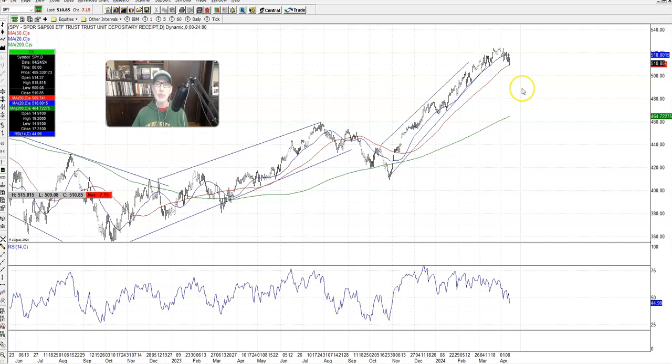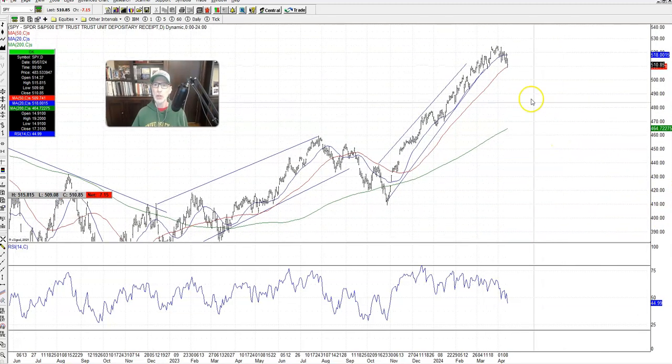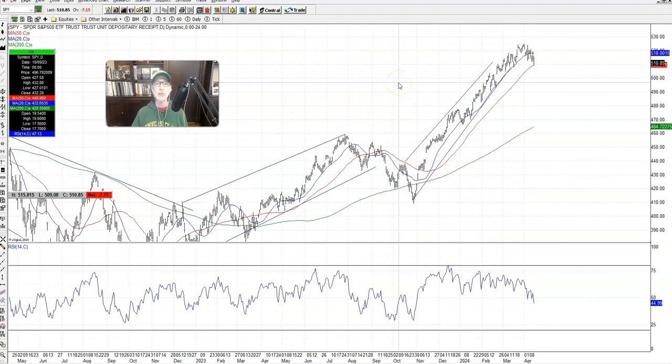So those channels help you see which way a market is trending. You will also see how a lot of the price action will either bounce or hug along one of the moving averages. So that's a real easy way to see which way a stock or index is trending, and then you make your options trade based off of that.